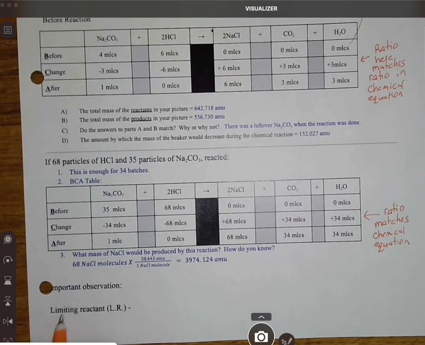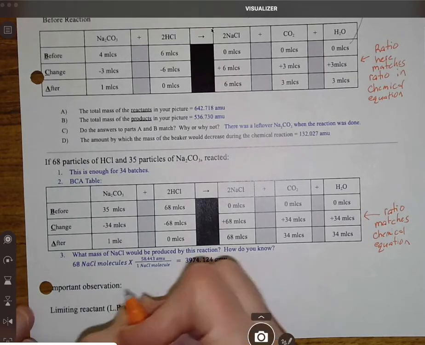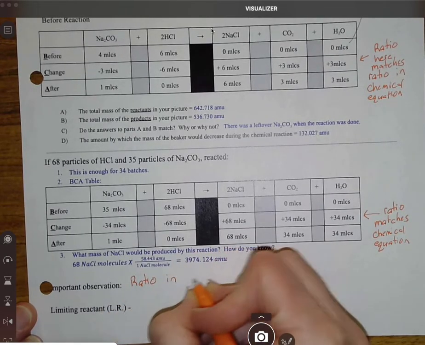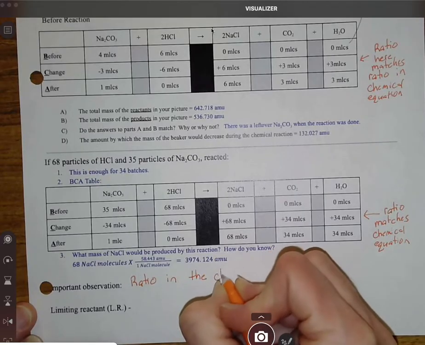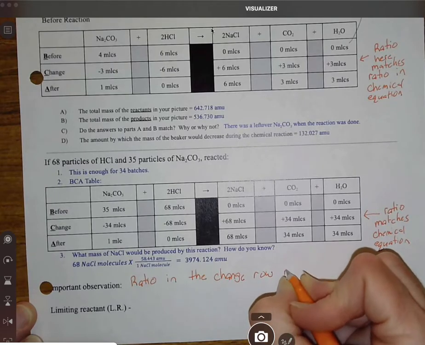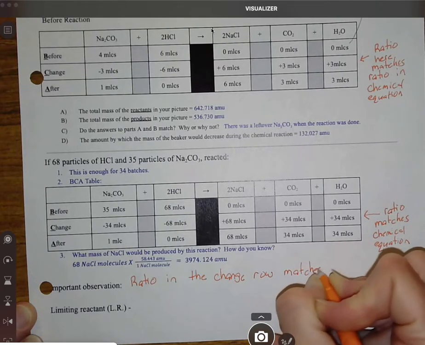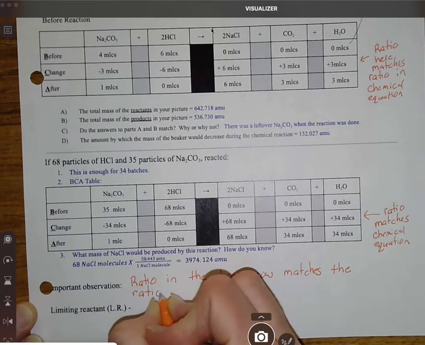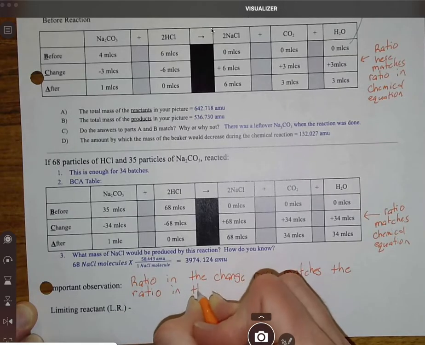And that's what we're going to put down here in what used to say important observation right before I poked a hole in your paper, and now it doesn't say that anymore because I poked a hole in your paper. But for our important observation here, we are going to observe that the ratio in the change row matches the ratio in the balanced equation.